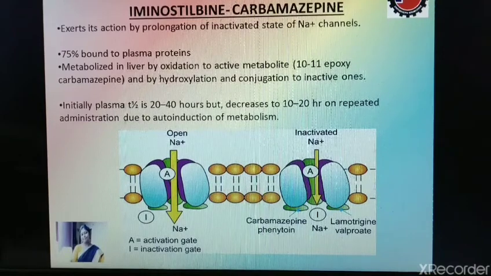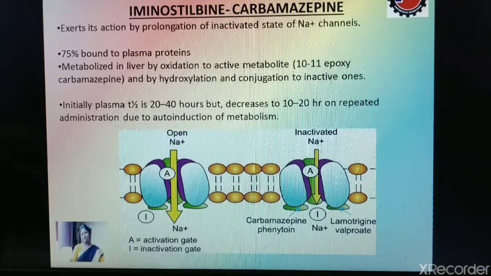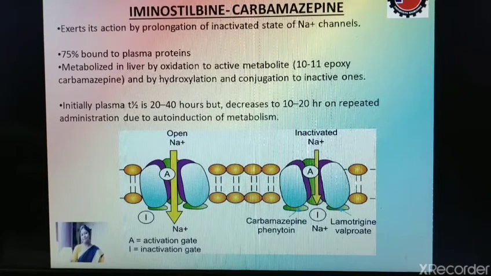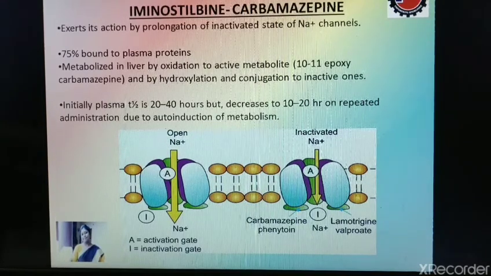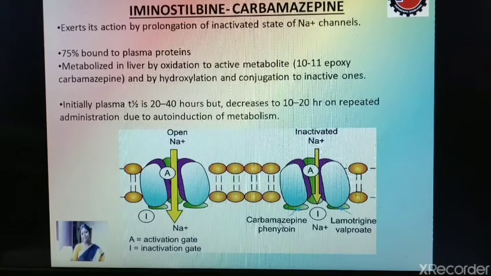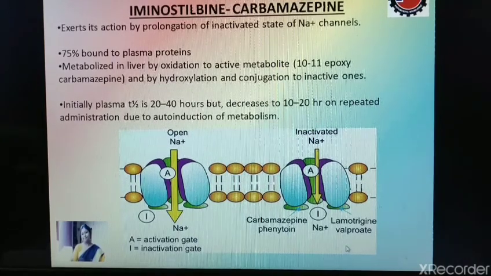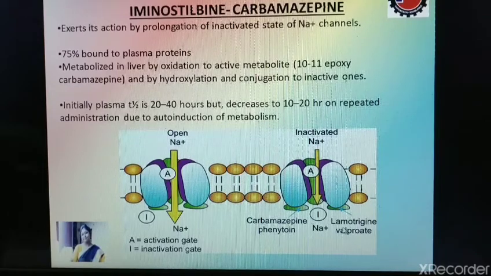Their blocking action shows the property of use dependence. They block the excitation of cells and their firing repetitively. And the higher the frequency of firing, the greater the block produced. This is similar in case of phenytoin, carbamazepine, as well as the next two classes of drugs, which will comprise sodium valproate and lamotrigine.